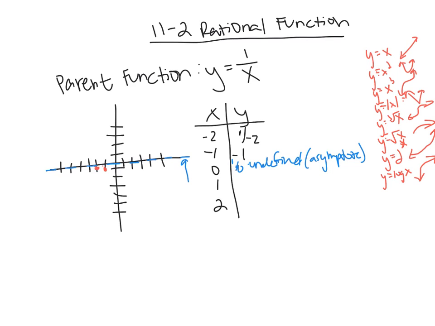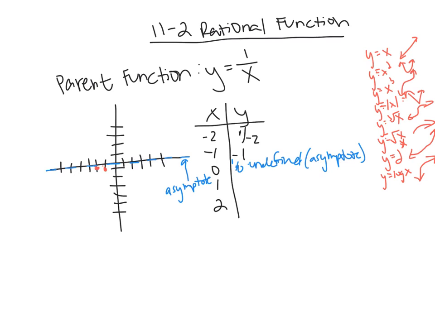It's going to approach it but never cross it. That's going to be called an asymptote. That is an asymptote. So we have an asymptote right there at the x-axis, y equals 0.